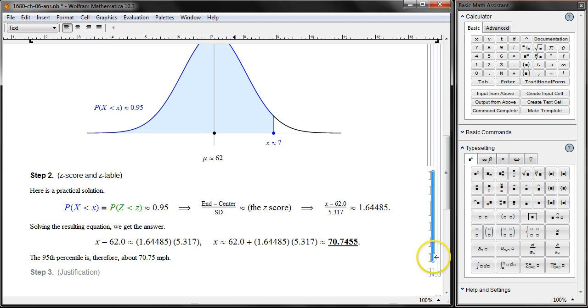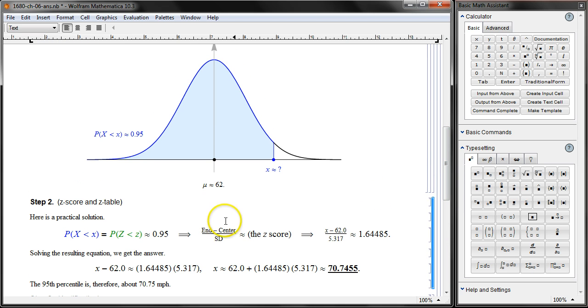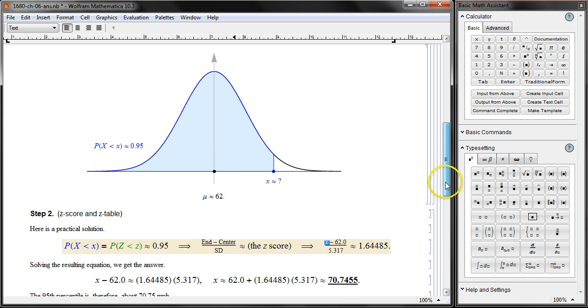As usual, we put everything into this formula. Z-score is n minus center over SD, and SD is 5.317, and center is 62. The x value, the n, we don't know. But we can find the z-score.